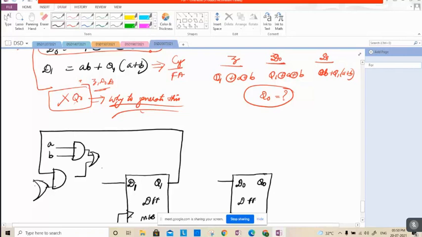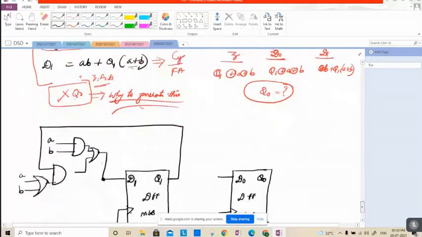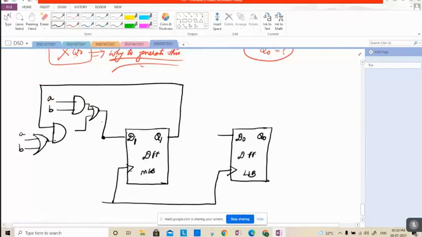Next, what about D0? Q1 XOR with A XOR B.